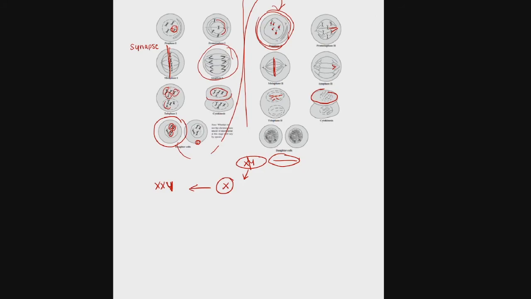So we're seeing here meiosis 2. If we're going to use this diagram, I think this could be super helpful. Meiosis 1, this is what they said we could have because there's non-disjunction. This cell didn't get anything, this cell got both.